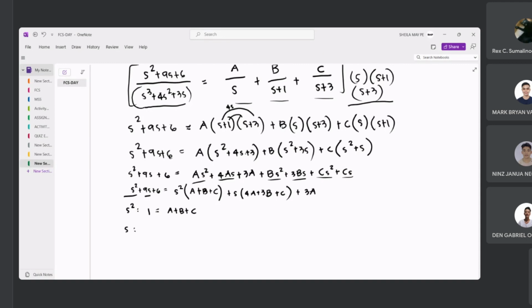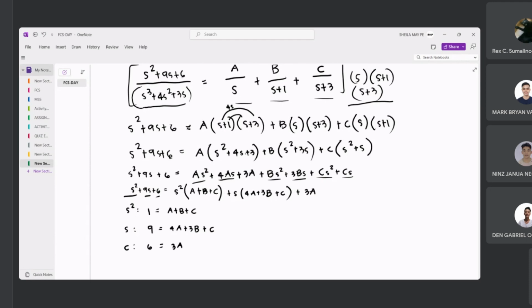Yes, we do. And the coefficient of 9 for the right side, that's 4A plus 3B plus C. Okay. And we have our constant. We have constant 6 on the left side and constant 3A on the right side.